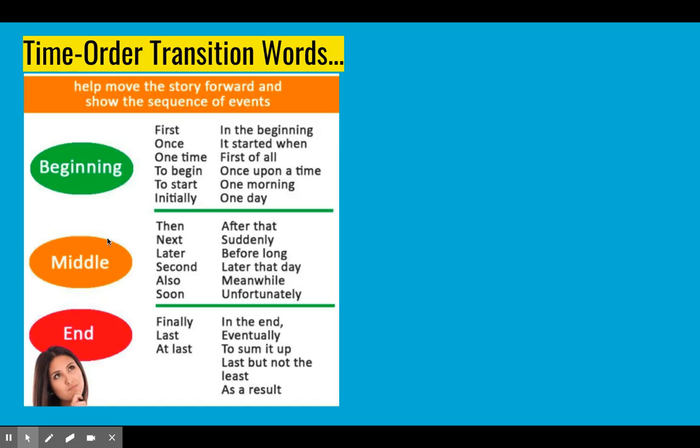In the middle of your story, you can use things like next or soon, after that, all of a sudden. Oh man, these are great words to start your sentences when you get to the middle of your story. And then finally, at the end of your story, you want to use transition words like finally, at last, in the end. Okay, these are all great transition words for the end as well.